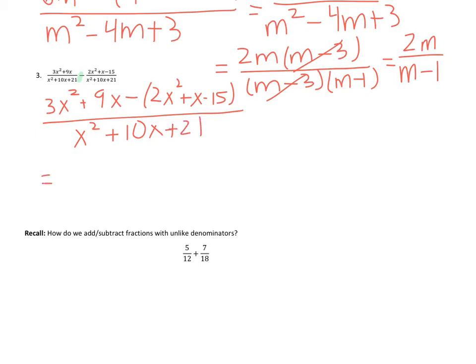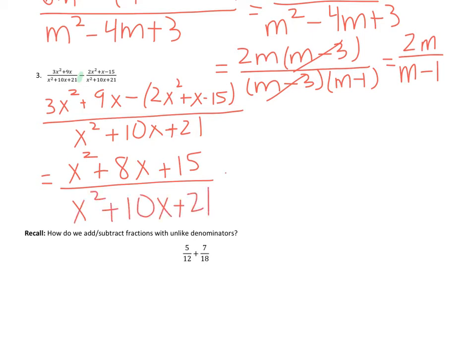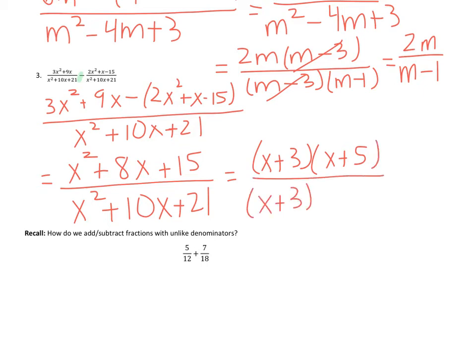All right, and then we can look at 3x squared minus 2x squared, 9x minus x, and minus a negative 15 for our numerator. And then now that everything is completely simplified, let's factor everything. And we do see a common factor. So x plus 5 over x plus 7 is our solution.